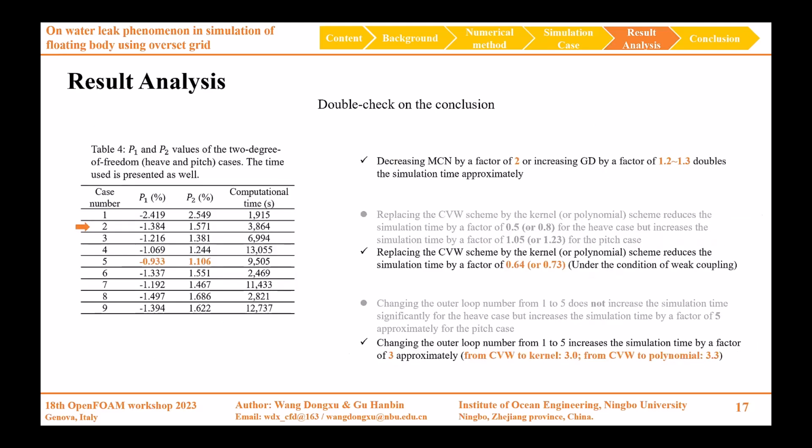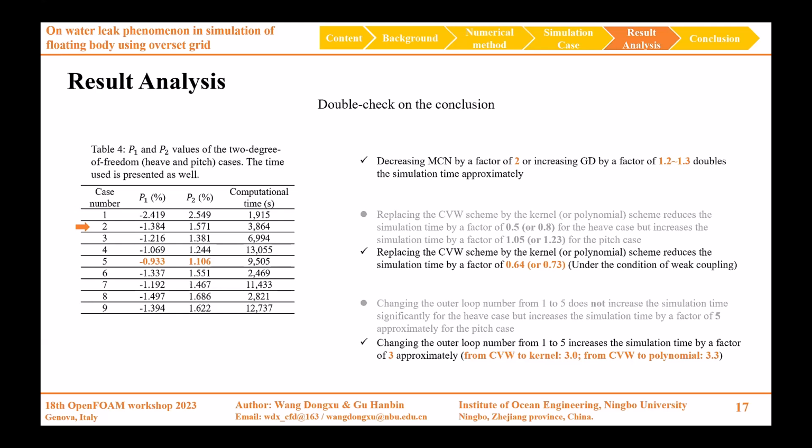Then comes the consistency result, and we also treated the computational time of case number 2 as a reference. Based on this consistency result, we may make some small modifications to the previous 3 conclusions.